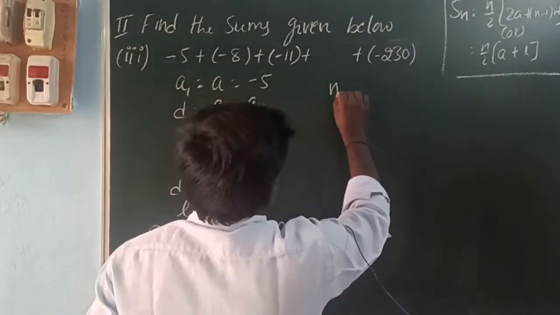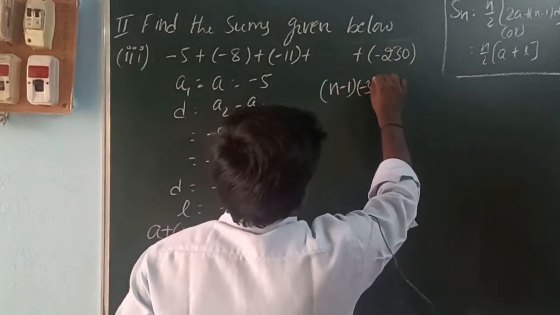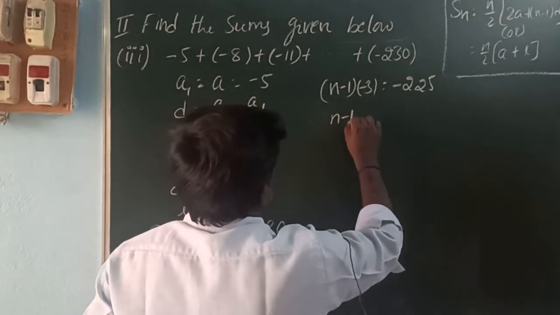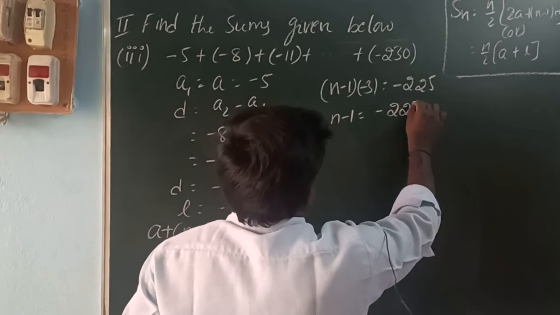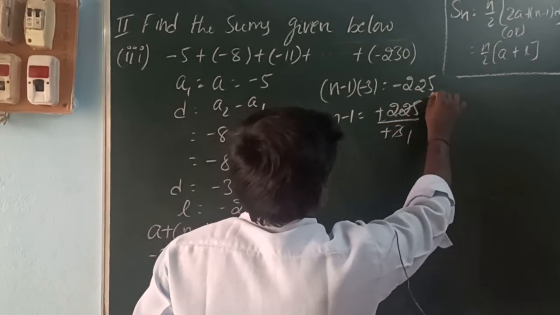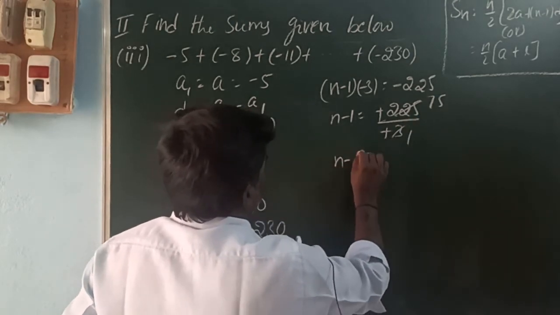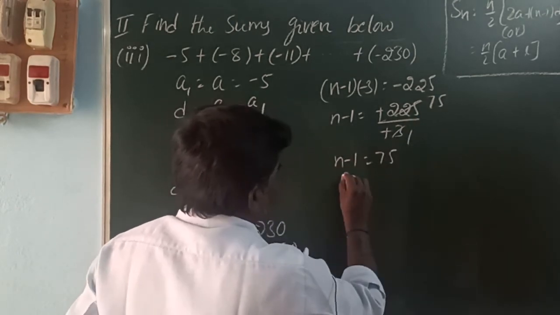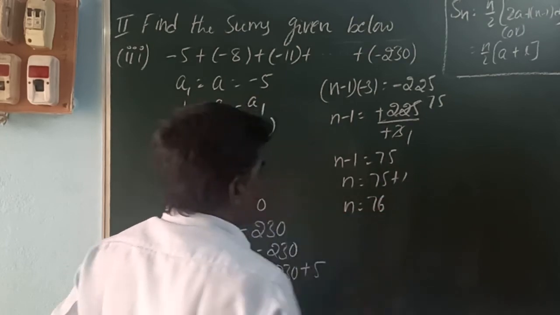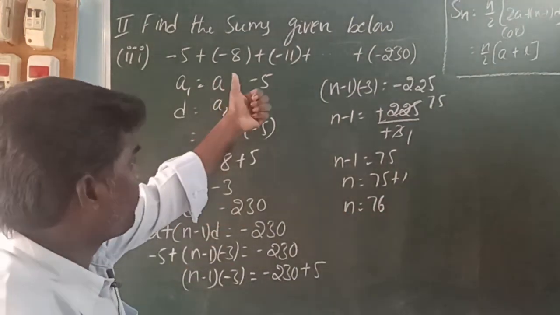So (n minus 1) into minus 3 is equal to minus 225. So n minus 1 is equal to minus 225 by minus 3. Minus minus cancel. 3 ones are 3, 3 sevens are 21, 5 threes are 15. So n minus 1 is equal to 75. So n is equal to 75 plus 1, which is 76.